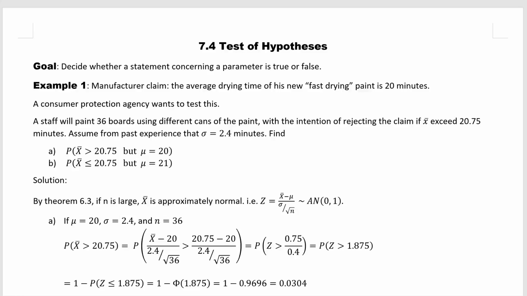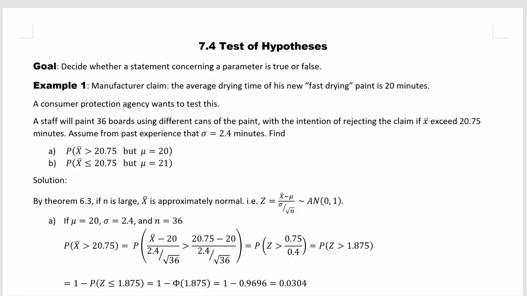So our goal is to decide whether a statement concerning a parameter is true or false. Example 1. The manufacturer claims that the average drying time of its new fast-drying paint is 20 minutes, and the Consumer Protection Agency wants to test this.